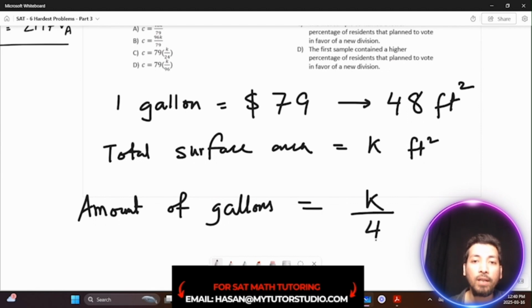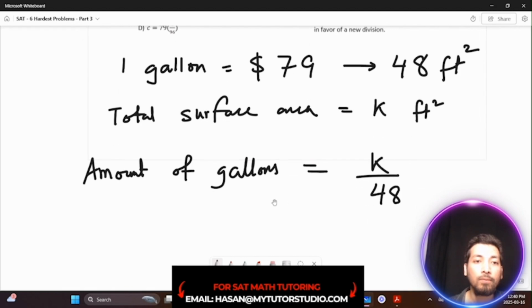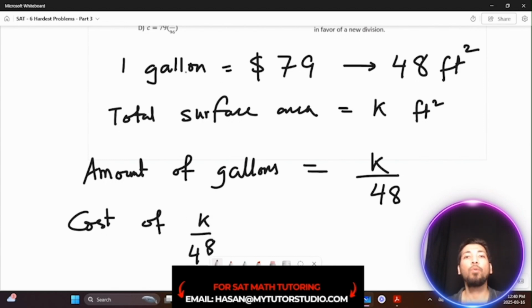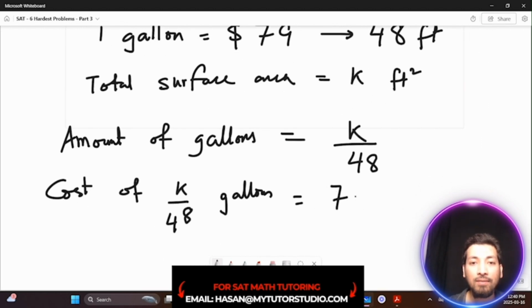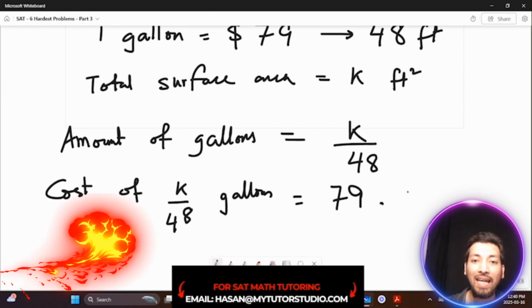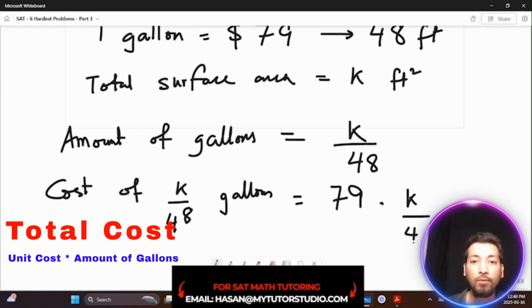K by 48. Now, we know that 1 gallon will be costing $79. So for 1 gallon, it's 79 times 1. For K over 48 gallons, it would be 79, the unit cost, multiplied by the total amount of gallons, which is K over 48.